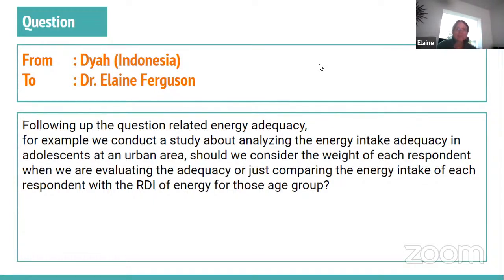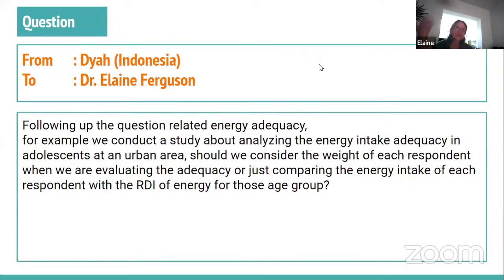Because if you've got underreporting, so their energy intakes aren't meeting what you would theoretically expect the requirements to be for that population, then you're going to overestimate the percentage of the population at risk of inadequate nutrient intakes because you've underestimated their food intake.